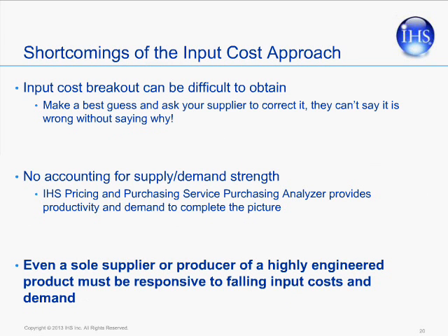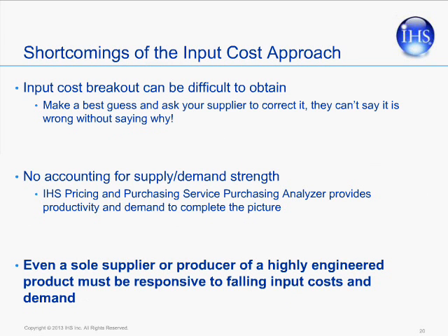The purchasing analyzer does provide a number of input cost breakdowns off the shelf, but should you find yourself without one, what we found is that if you just put a best guess forward, the great thing about the negotiation is that your supplier can't really tell you that you're wrong without telling you why you're wrong, in which case you've gained information either way. So it's always nice to be able to put forward that best guess input cost breakout, and we provide you with those off the shelf so that you can start those negotiations.